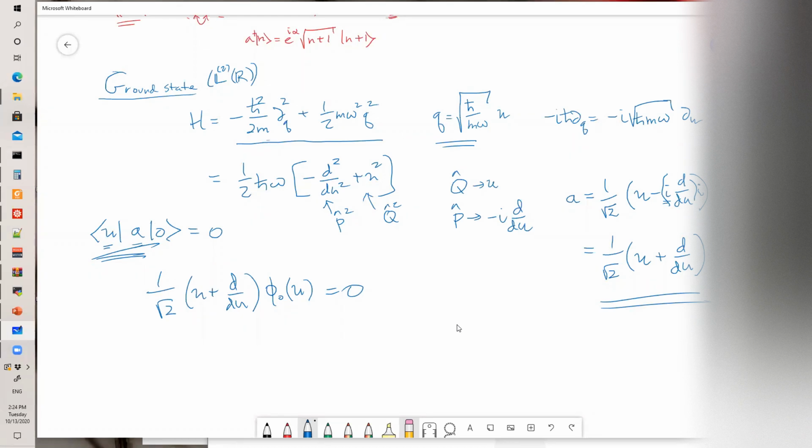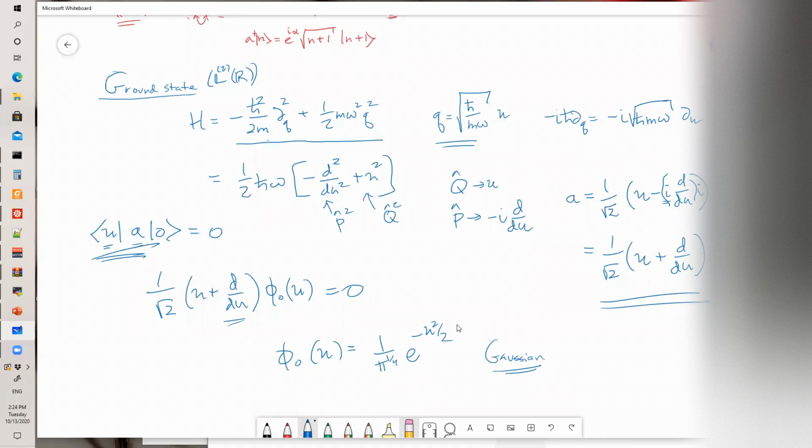And that gives you a unique solution. The unique solution to this equation is, properly normalized, 1 over pi to the 1/4 e to the minus u squared over 2. It's a Gaussian. And there's only one properly normalized solution because there's just one derivative there.